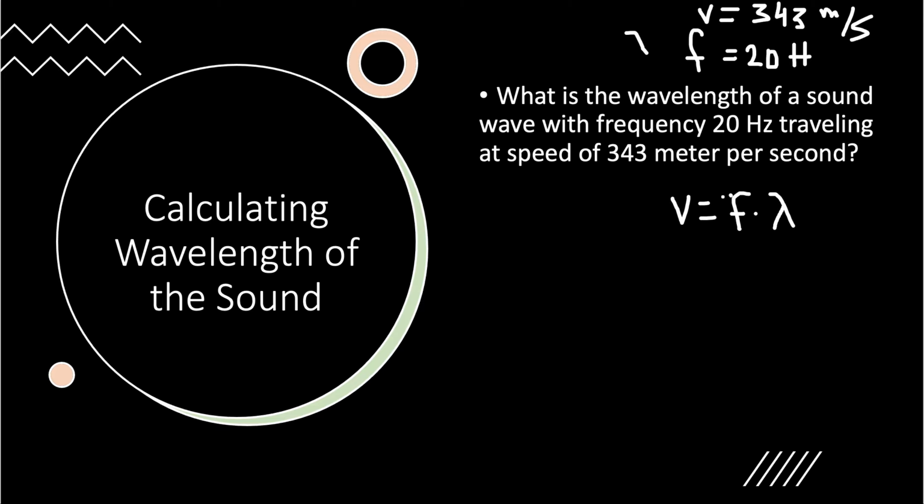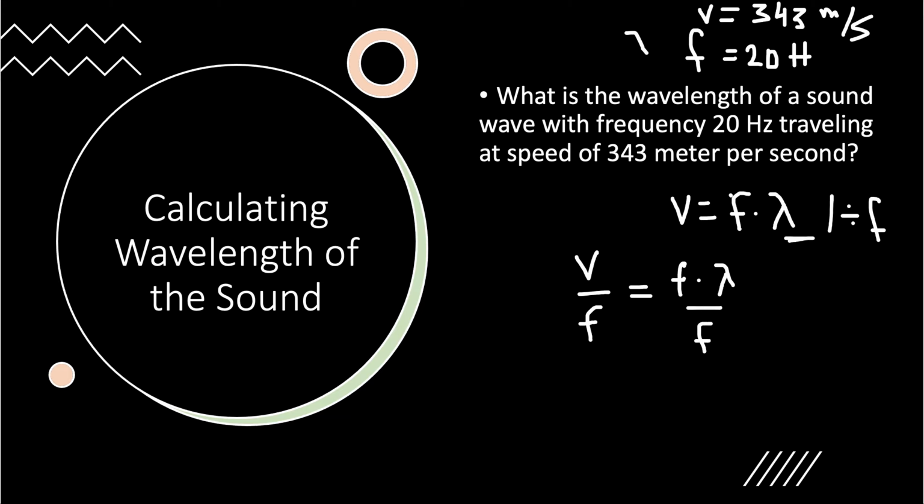But since we have to find the lambda here, we are going to divide the whole equation by the frequency f. If we divide everything by f, we have v divided by f, the speed of the wave divided by the frequency, is equal to f times lambda divided by the frequency f.